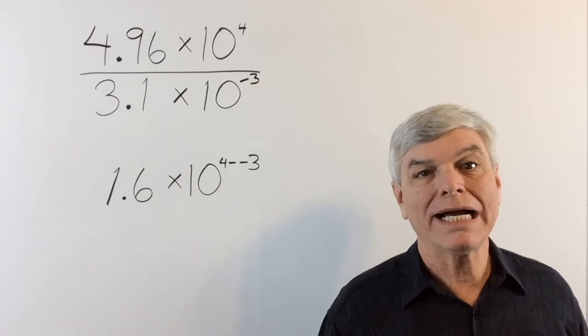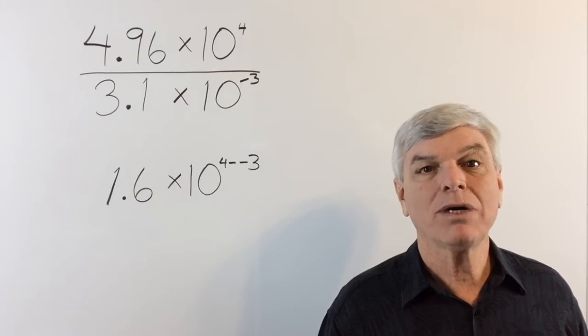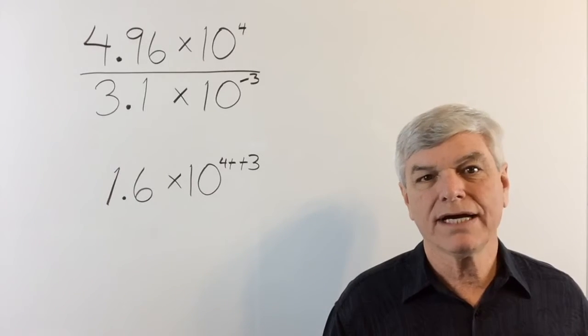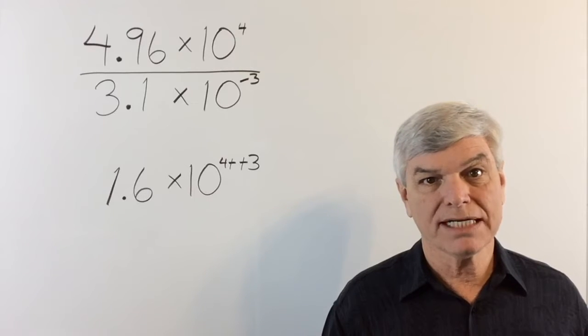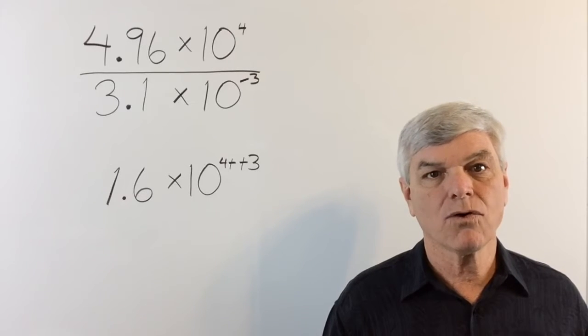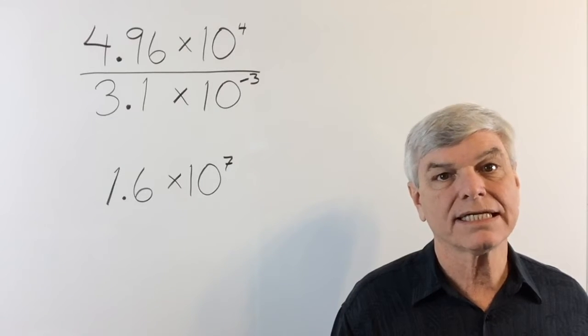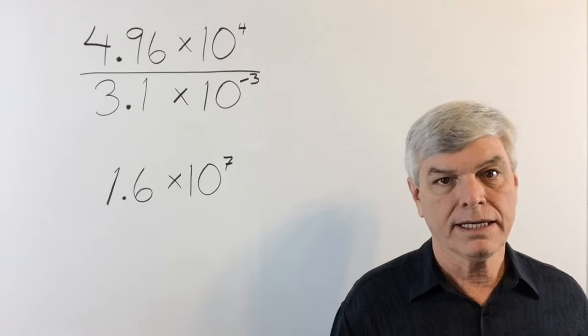It's 4 minus a negative 3. Now what is minus a negative 3? That's right, you've done that several times, and we need to turn minus into plus. So 4 plus 3 is 10 to the 7, and that's our answer. 1.6 times 10 to the 7.